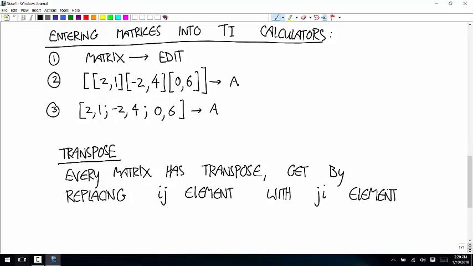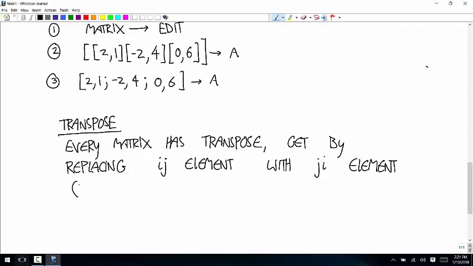What you're basically doing is turning what used to be the rows into columns, and vice versa. So the old rows are the new columns.